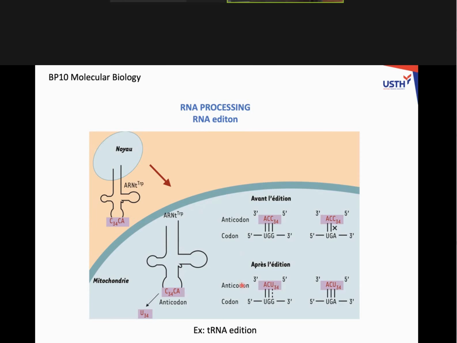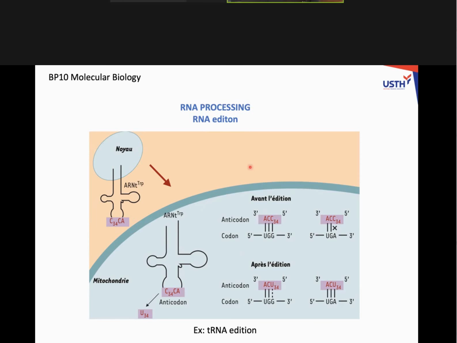And then it means that this original tRNA that normally carries a tryptophan, you understand that? But it will, during translation, add a tryptophan for a different codon. You understand? So this is one aspect of RNA edition.